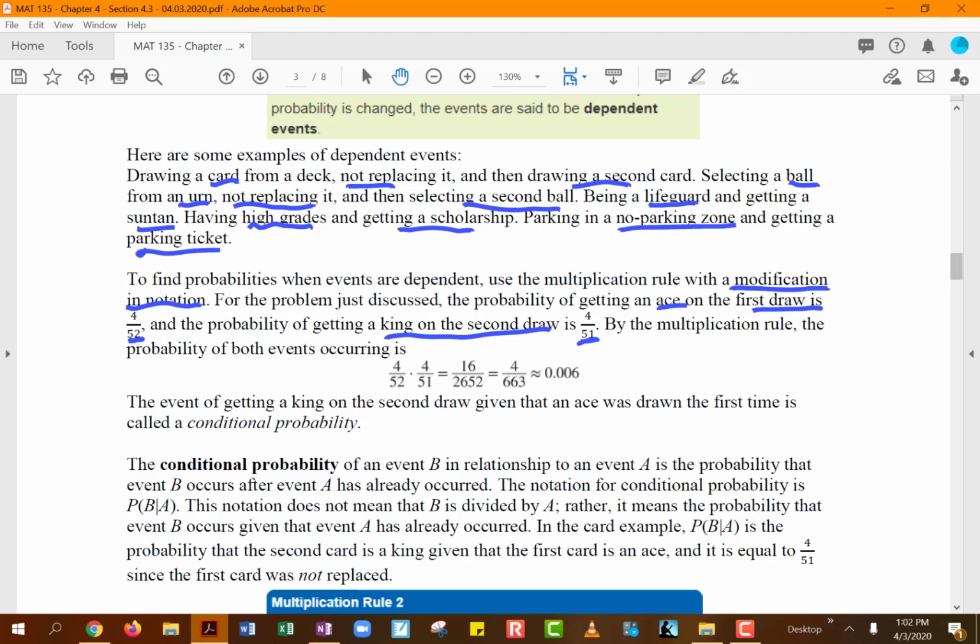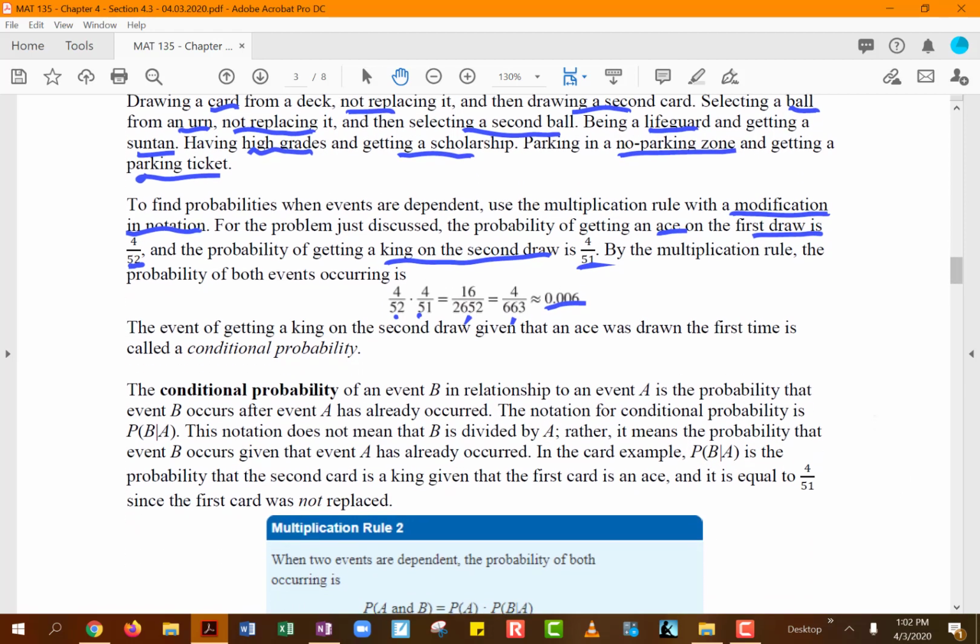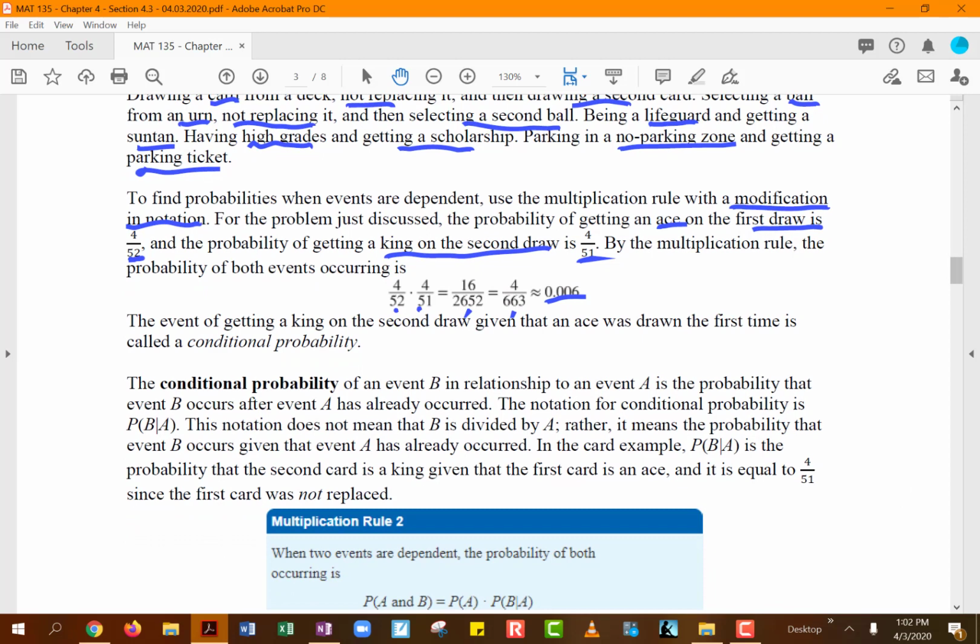For the king, it was 4 out of 51. By the multiplication rule, you take the probability of each event, multiply them together, and you get 16 over 2,652, which reduces down to 4 over 663, and that probability comes out to be 0.006.